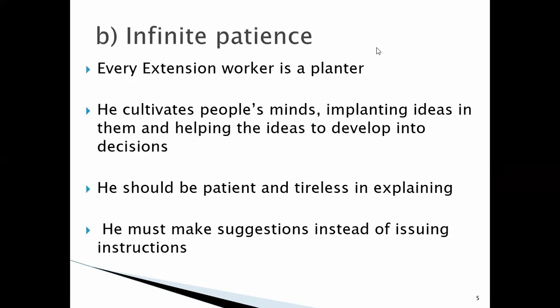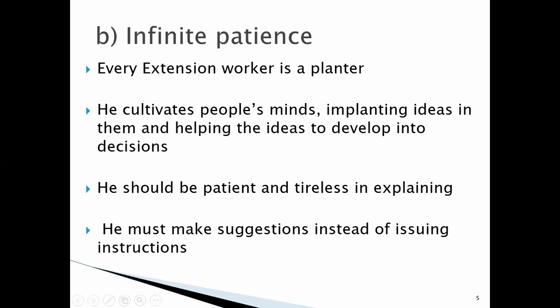And infinite patience. This is another important thing, and it is important for everyone, right? Being patient. Infinite patience means 100% patience. Every extension worker is a planter, and he is able to cultivate people's minds. That means he has to be aware of the minds of the people, implanting ideas in them, disseminating the ideas to the people and helping them develop decisions.